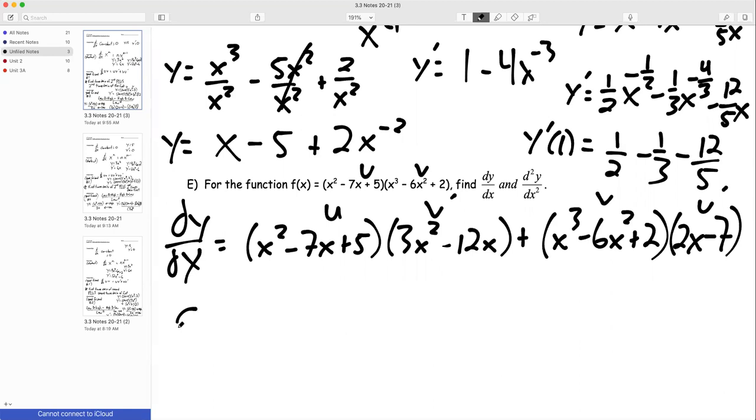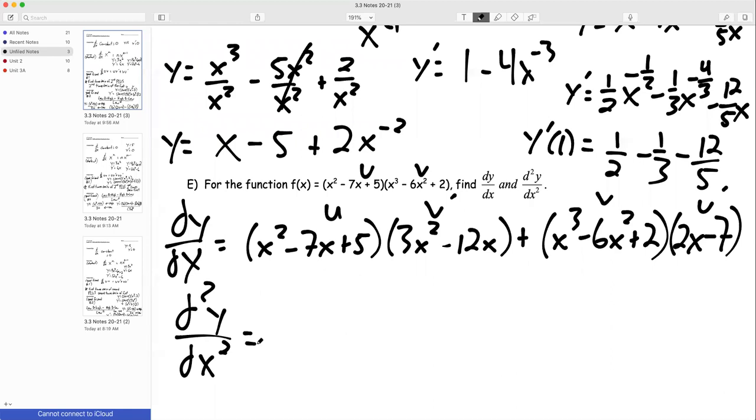But why is the square on the d on the top, but on the x on the bottom? Does that mean anything different? No, that just means second derivative. To be honest, I don't know. That's just the notation. That's how it's written.